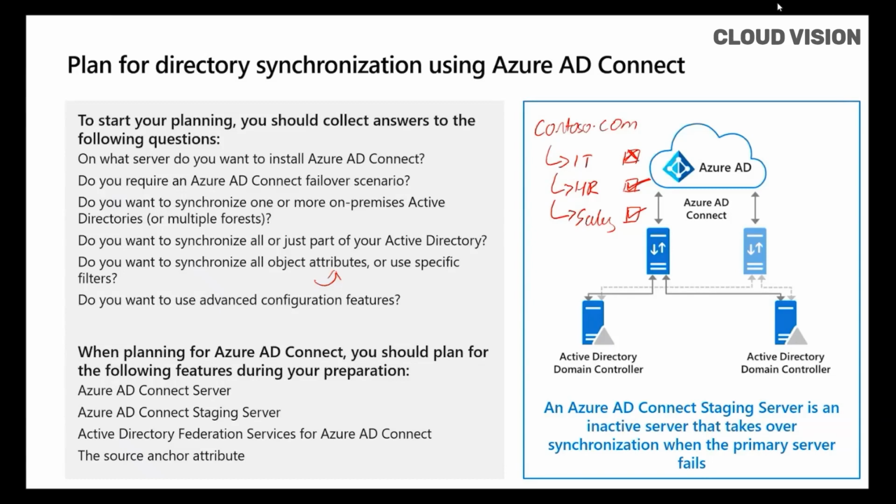If you want to use any of the advanced configuration features like write back capabilities, filtering capabilities, single sign-on services, and so on, you have to go with the custom Azure AD Connect setup instead of the express Azure AD Connect setup.